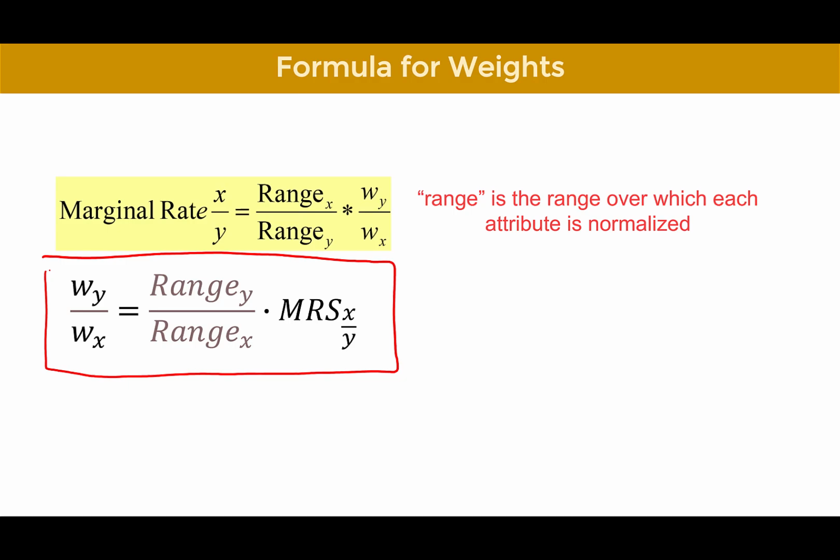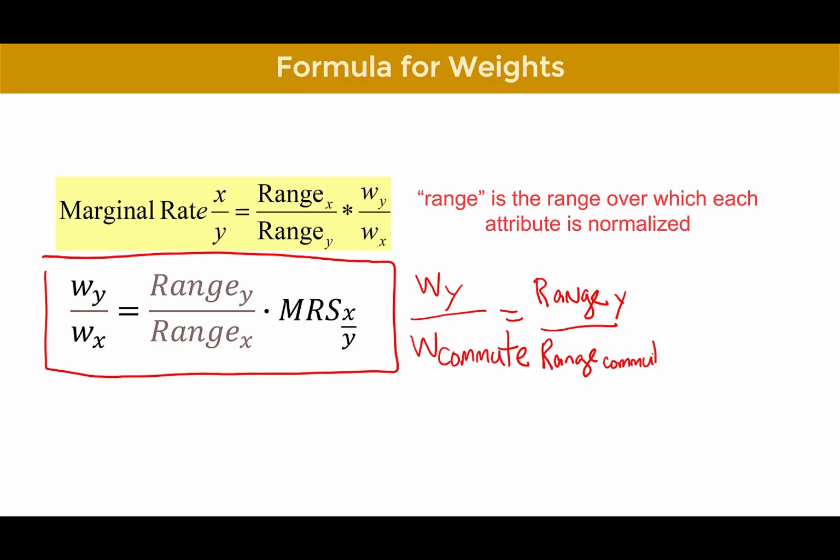And in fact, we're going to use it in the following way. Because all of our marginal rates are per 1 minute of commute time, we're going to say the weight for any metric divided by the weight for commute time equals the range of that metric over the range for commute time times, and this is where it's going to be a little bit tricky, it says marginal rate of x over y.